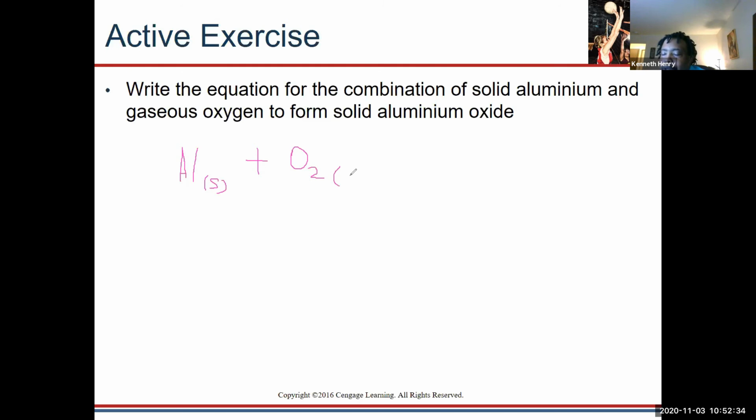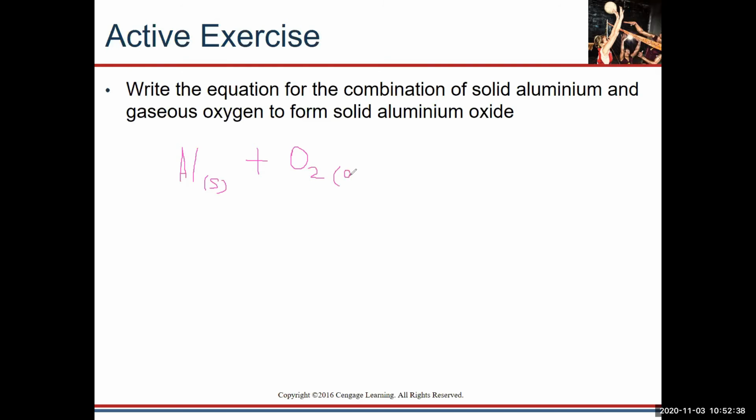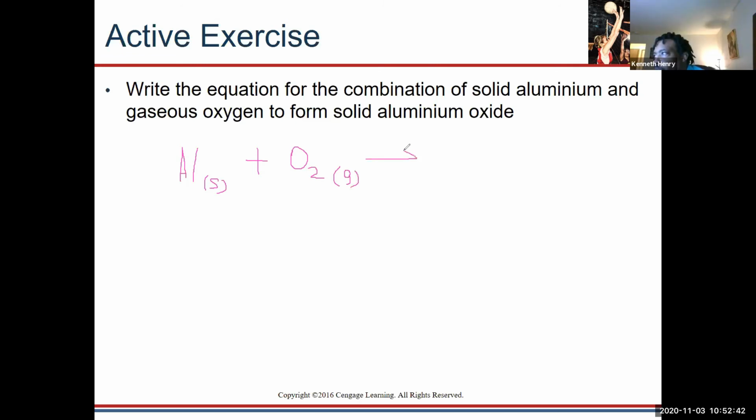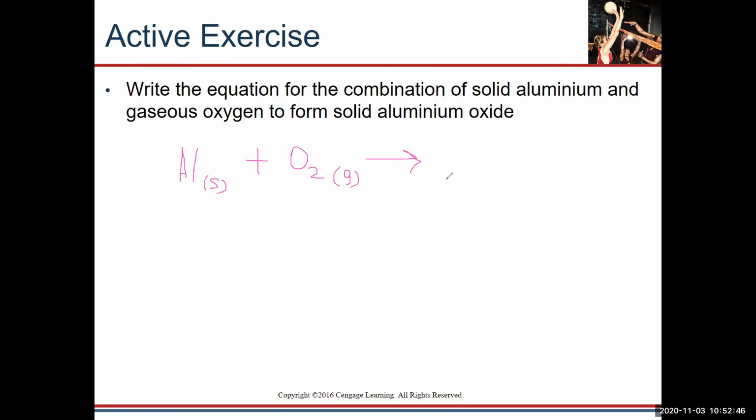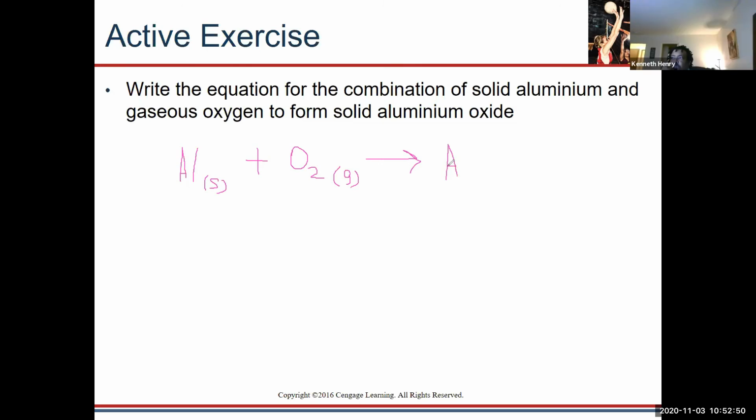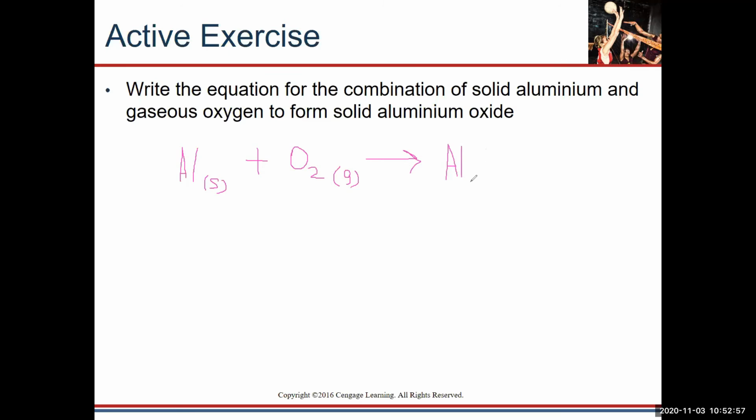Okay, solid, liquid, or gas? Gas. Yes. Okay, and that's going to yield, what are we making? Aluminum oxide. Okay, so what is the chemical formula for aluminum oxide? Al, O2.